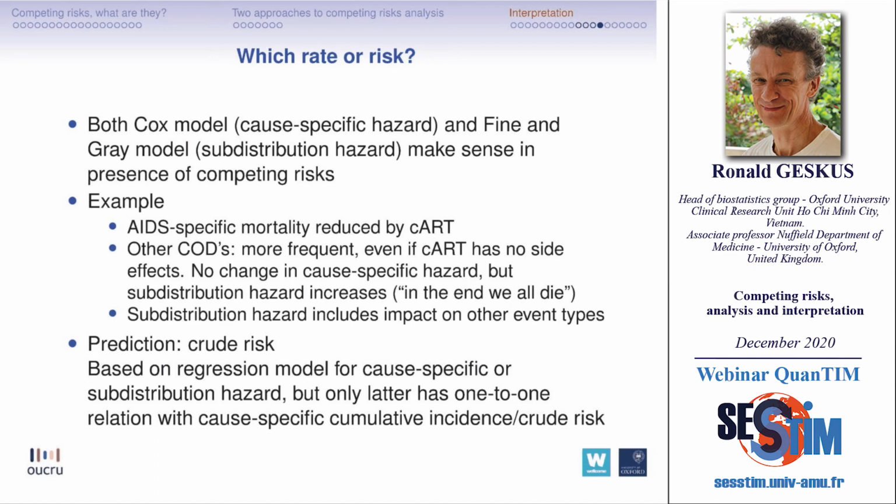So if you want to attach a number to this, the difference between before and after 96, it is more elegant to use the Fine and Gray model, a model based on the subdistribution hazard. But we can obtain predictions, estimates of the cause-specific cumulative incidence, the crude risk, both based on the cause-specific hazard and based on the subdistribution hazard.